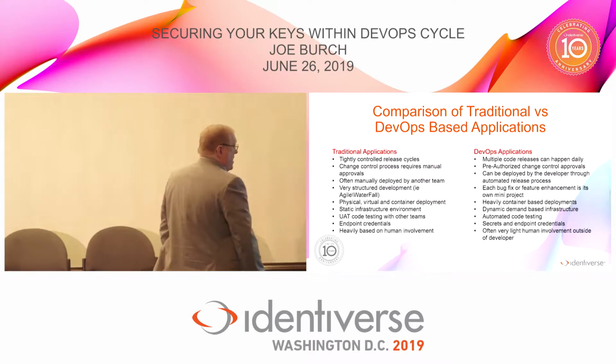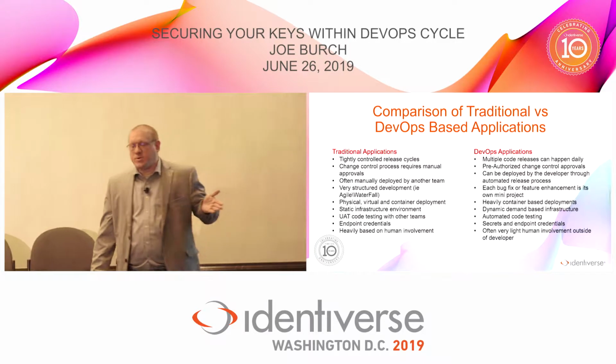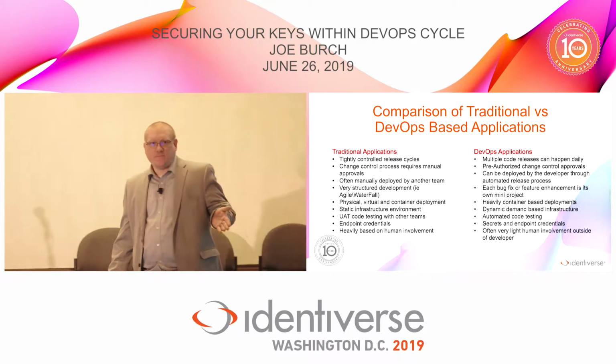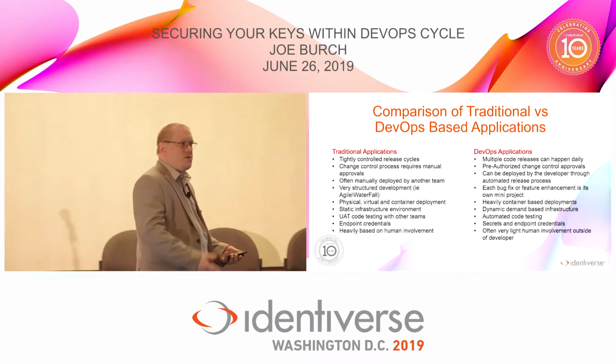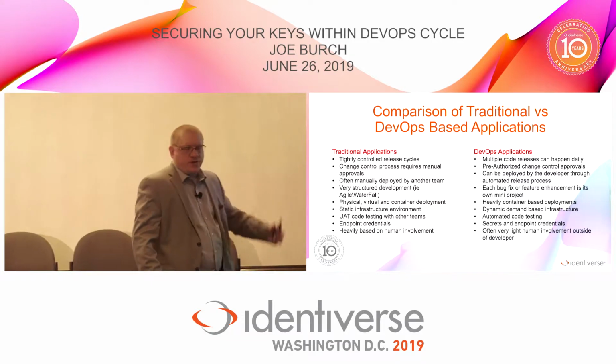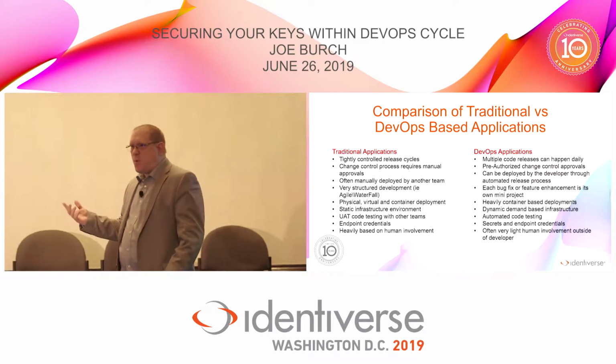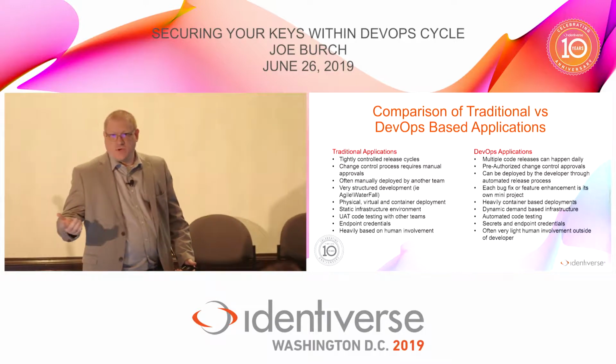We'll just talk about some of this. The main difference between the traditional and the DevOps side: DevOps is very quick. You may have 300 plus changes a day. On the traditional, you have maybe one every 6 months, depending on the situation.